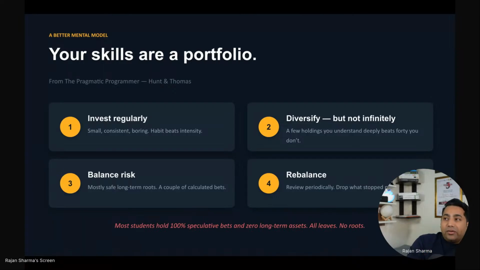So you invest regularly, you diversify but not infinitely, and you hold some safe long-term assets, and you take a few calculated bets on the new things, and you rebalance. That is, periodically you review, and you drop what's no longer paying. Most students have a portfolio that is 100% bets and zero long-term holdings: all leaves, no roots.